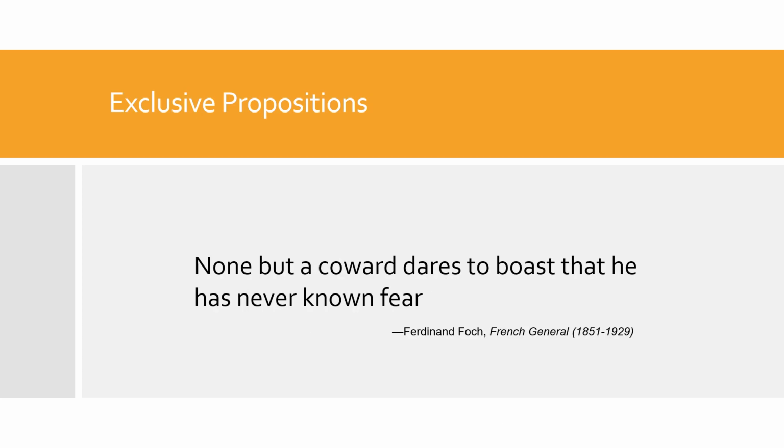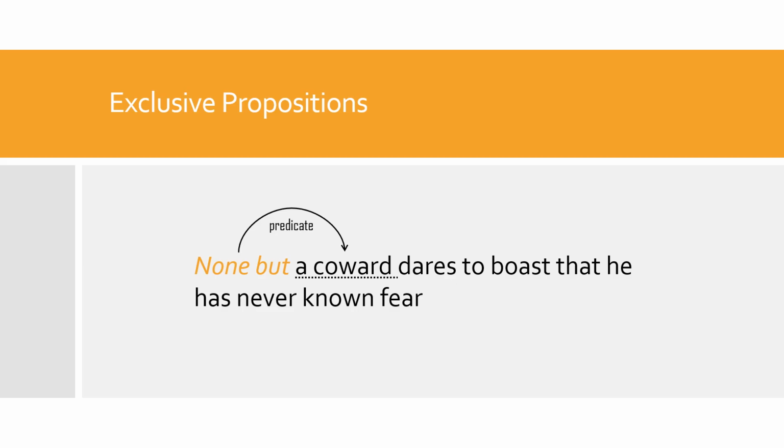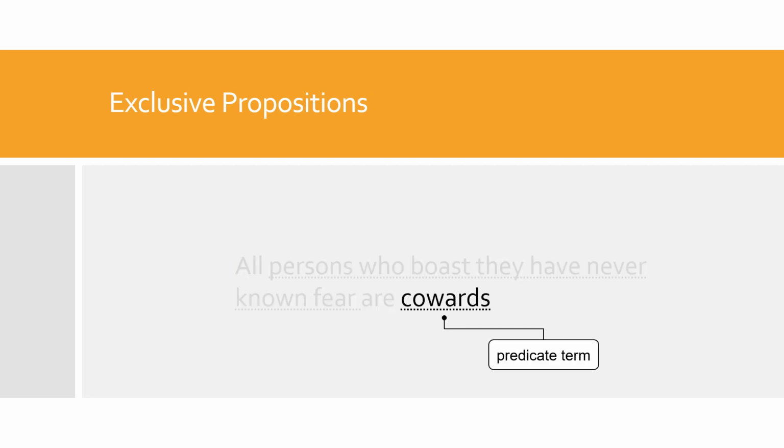Take another example. None but a coward dares to boast that he's never known fear. None but is, of course, one of our exclusive propositions, and what immediately follows the none but is coward. So coward becomes our predicate, which means it has to go at the very end of our categorical proposition. Once again, the easiest way to approach these kinds of problems is to just start at the end.